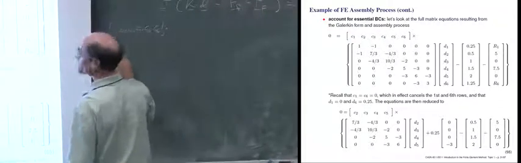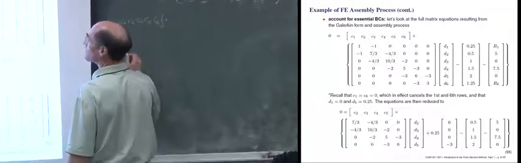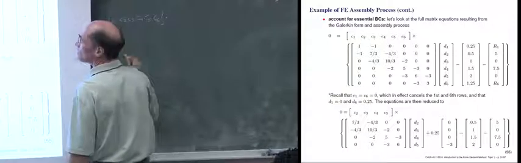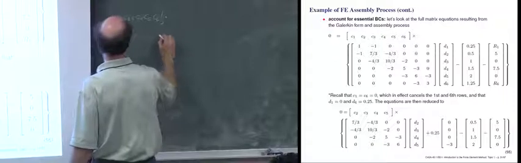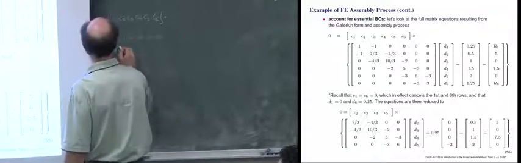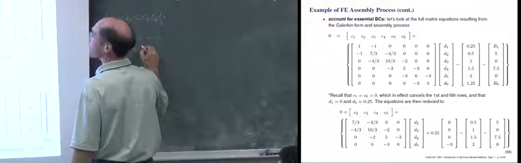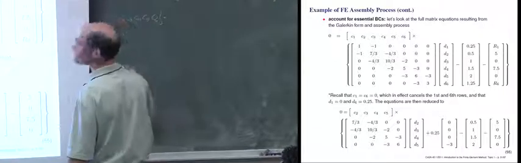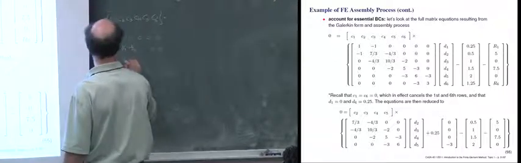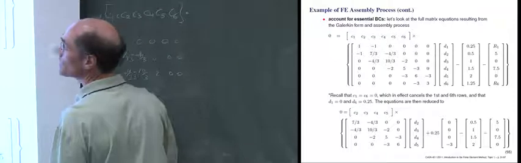All right, I'm going to drop down to the next line so I have a little more space. I'm going to put a big brace, and I'm going to put my K. So I'll write my K: 1, minus 1, then 1, 2, 3, 4, and then minus 1, 7/3, minus 4/3. Oh, no, that's a plus. Yeah, plus. Good. 0, 0, 0, 0, minus 4/3, 10/3, minus 2, 0, 0.